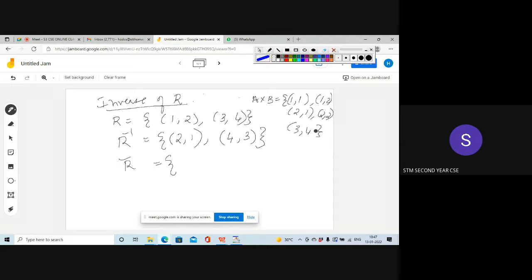I am not giving you what A and B are. These are just certain elements that are included in A cross B. If relation R contains (1, 2) and (3, 4), then excluding those in R, the remaining ordered pairs in A cross B form R complement. So this is what we discussed yesterday.